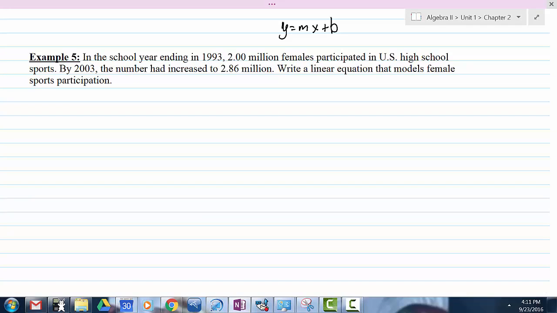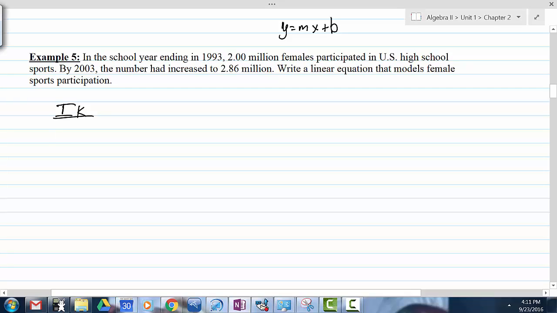So in this, just understand the whole I know and I don't know thing. If we understand that, we'll be able to do much. First off, what I know is what happened in 1993: 2 million participants, right?